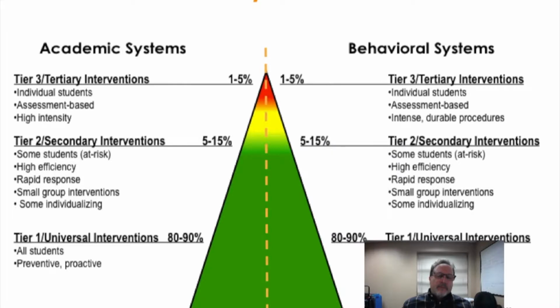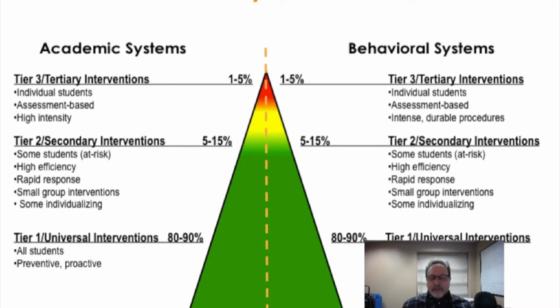In an academic model, that involves your research-based core curriculum and evidence-based instructional practices, as well as assessment and teaming practices that look at both the health of your core and then identifies students that need additional support.